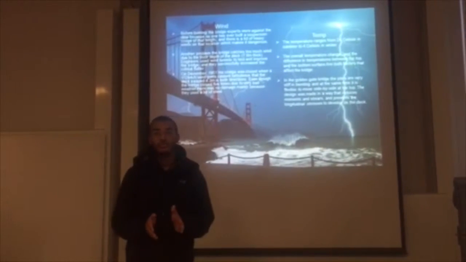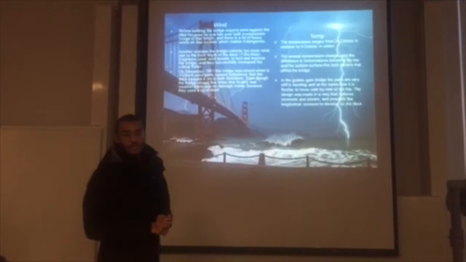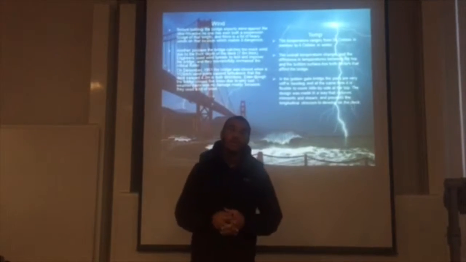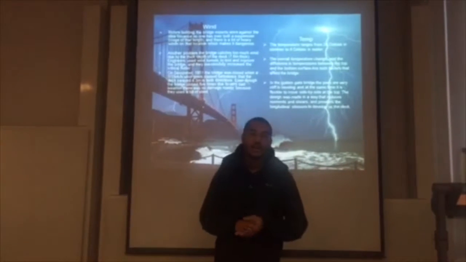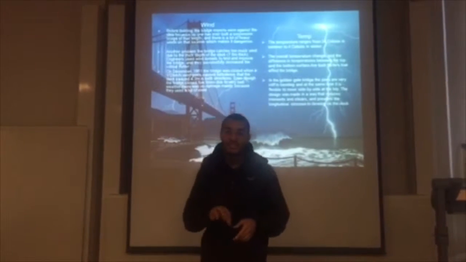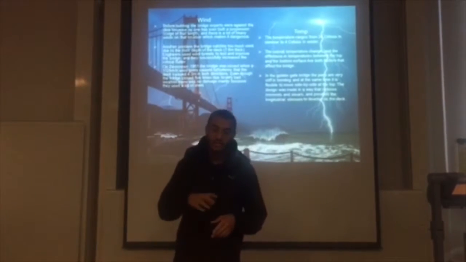Whenever you're talking about a bridge, you can't ignore wind and temperature. When you're talking about the wind, let's go back to before building the bridge. All experts said that it's impossible, it's really hard to build a suspension bridge at this length in this location, because it was the first at that time at that location.